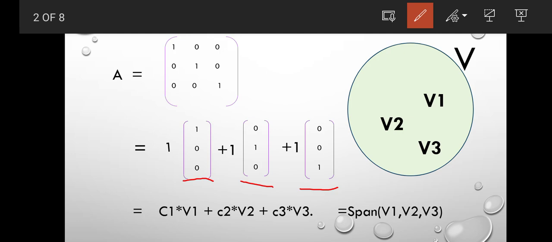Okay, I just added all three. Then I took 1 as a scalar, and I wrote c1 v1 plus c2 v2 plus c3 v3.